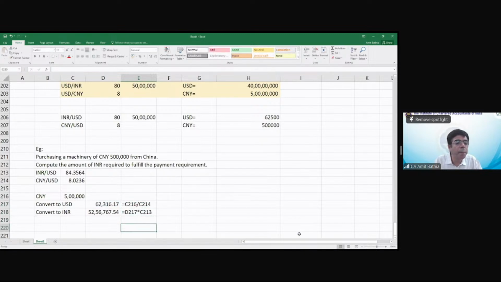Okay. Does it make sense now? So I will need 52,56,767 to be able to buy machinery from China, which is worth 5 lakh Chinese yuan or renminbi.